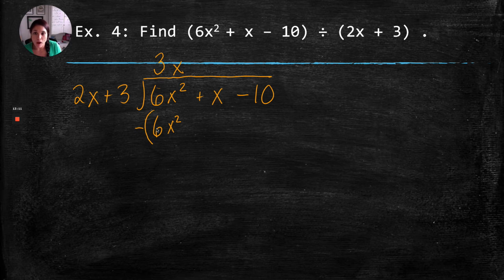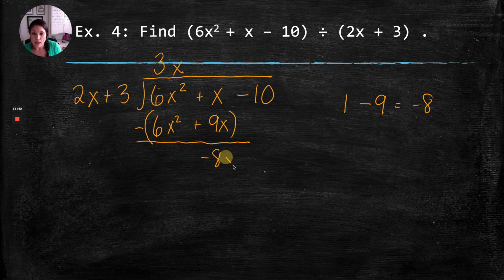I'm going to put my polynomial in parentheses. 3x times the second term in the binomial, 3x times 3 is a plus 9x. I'm going to remember to subtract everything in this binomial. So 6x squared minus 6x squared, this cancels out. I don't have to write anything. A 1 minus a 9 equals negative 8. So this is negative 8x.